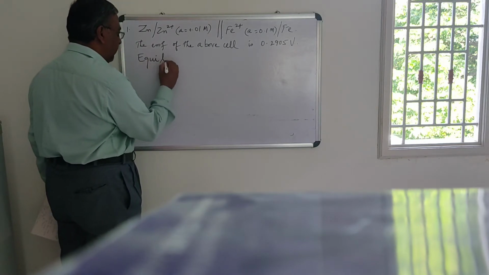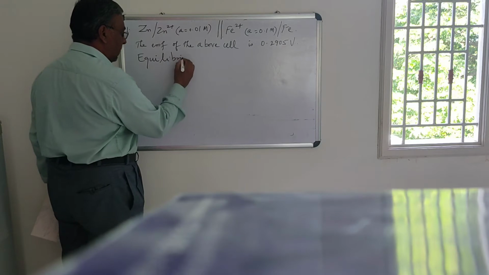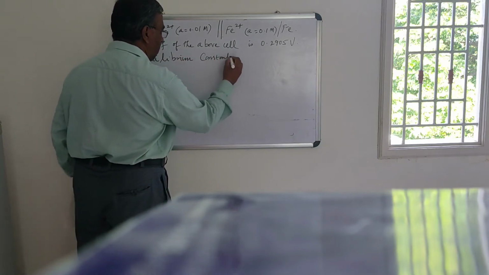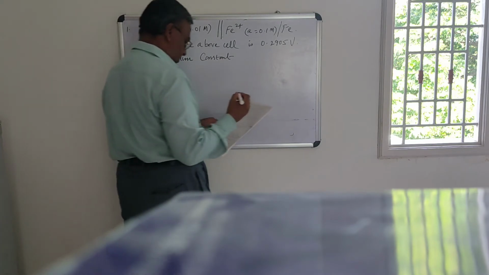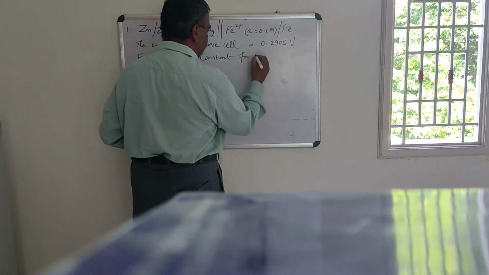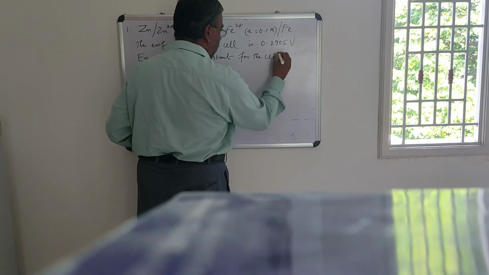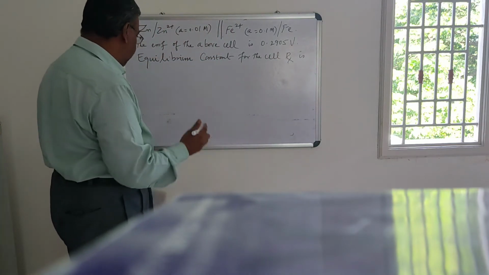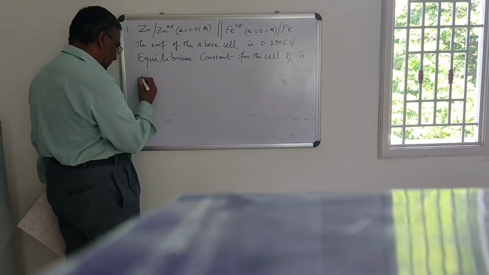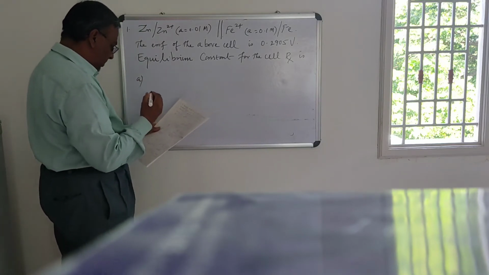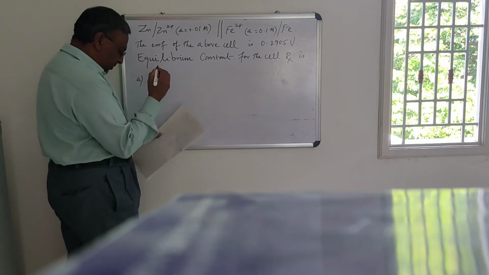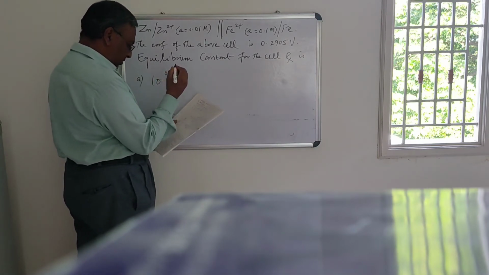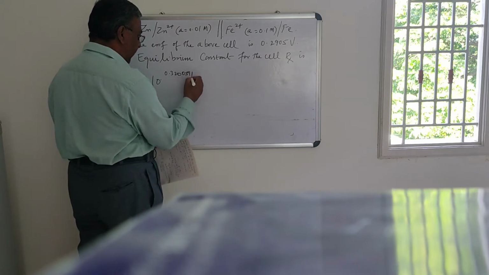Equilibrium constant for the cell reaction is, there are 4 options given. Option A: 10 power 0.320 0591.